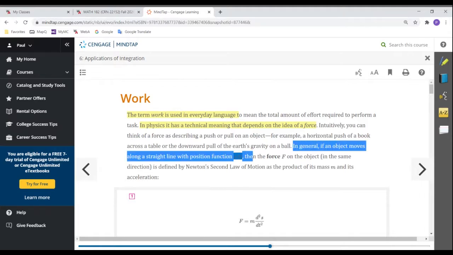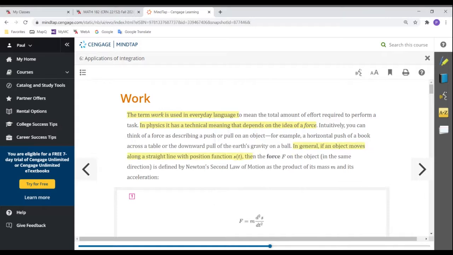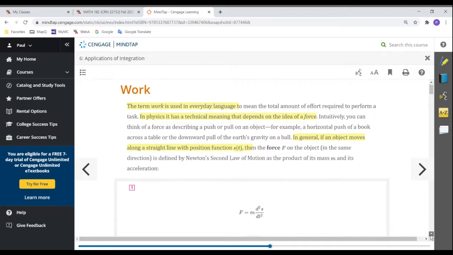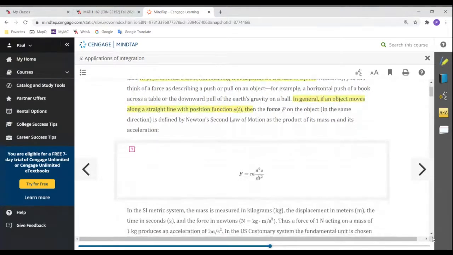In general, if an object moves along a straight line with some position function, then the force on the object is defined by Newton's second law of motion. How many maybe have seen this formula in physics class? Force equals m times the second derivative of position. The second derivative of position, by the way, is what?